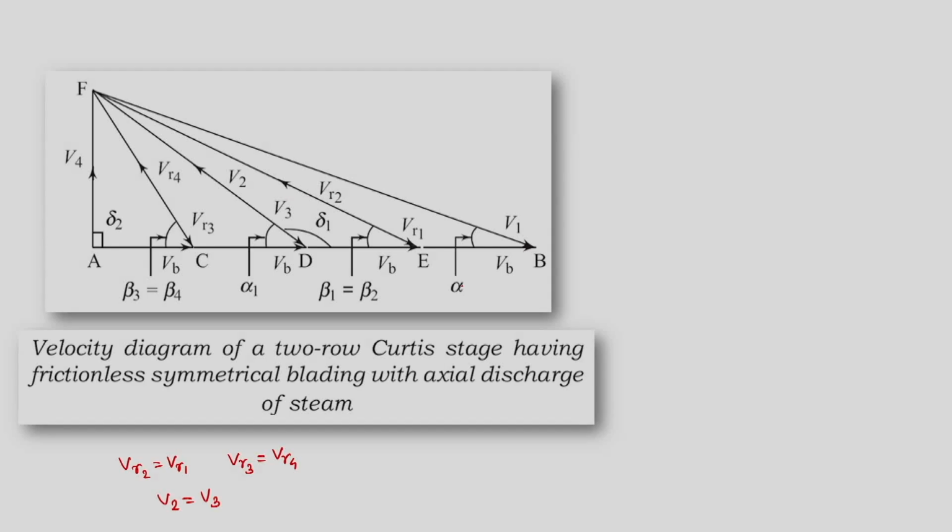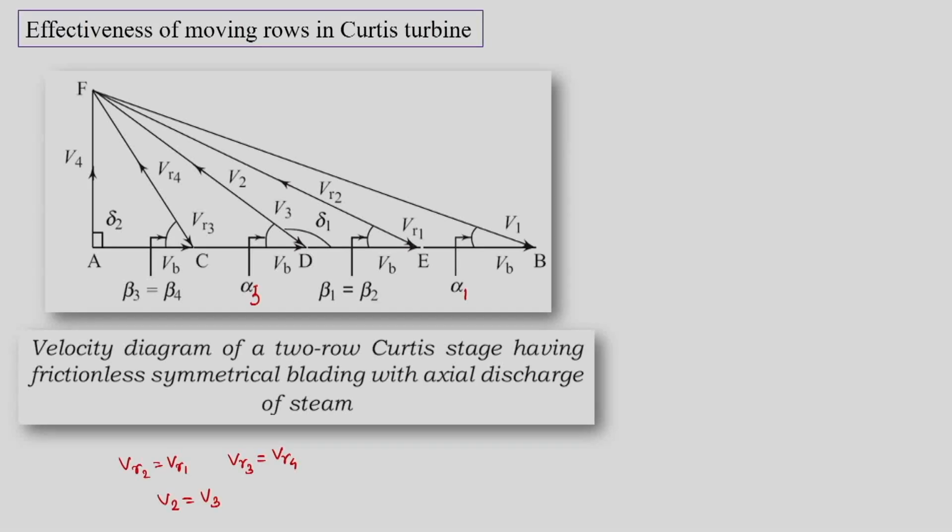Now as per our notation, we will have this angle as alpha 1, and symmetrical blades lead to beta 1 equal to beta 2, and then this angle is equal to alpha 3. So we can find out the effectiveness of the moving blade. As per the formula for work done, we need basically delta VW1 for two stage.